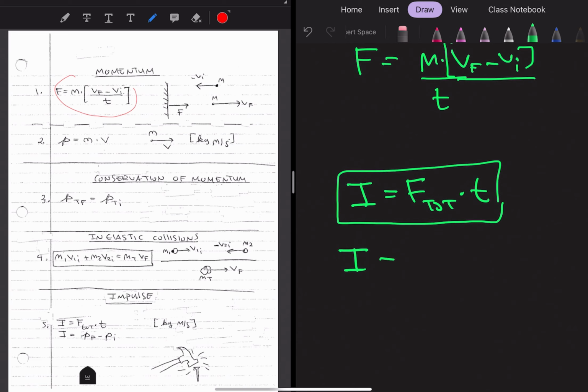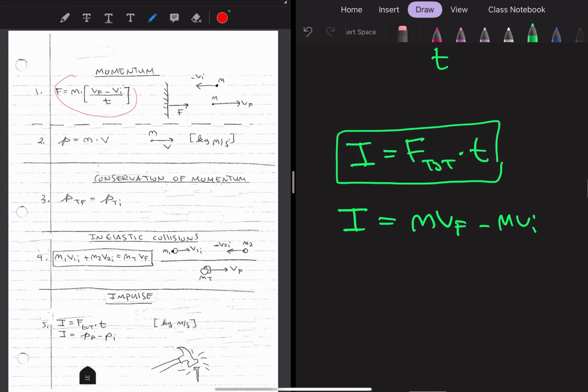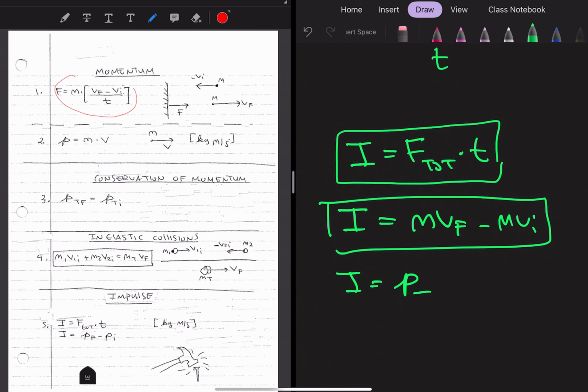Impulse can also be written as mass times final velocity minus mass times initial velocity. So really another way to describe impulse is to say that impulse is equal to the change in momentum, so the total final momentum minus the total initial momentum.